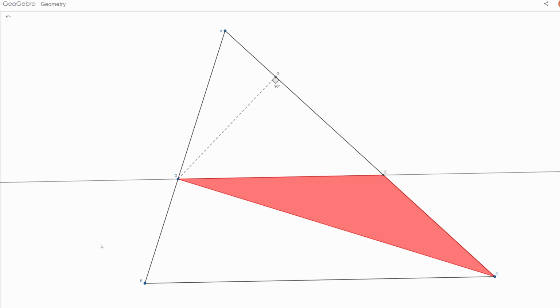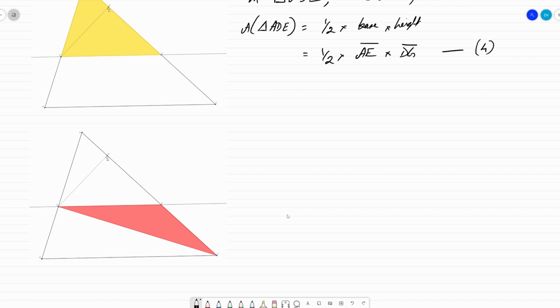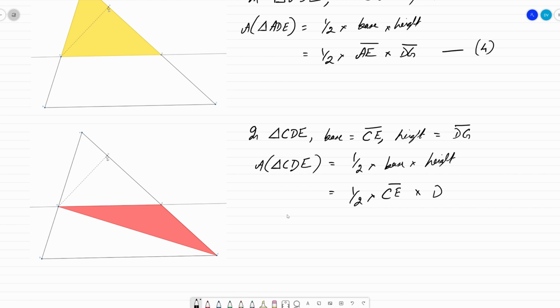In the next step, in triangle CDE, now here my base will be CE and height will be same, which is DG. So accordingly now area of triangle CDE is half into CE multiplied by DG.